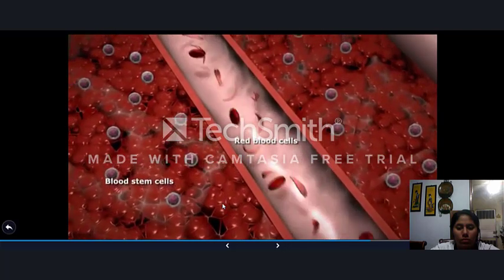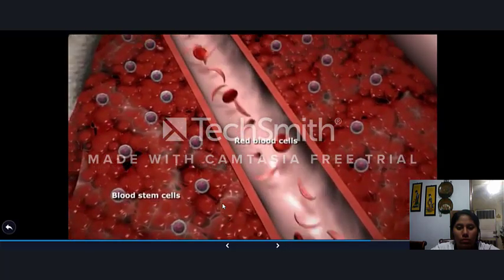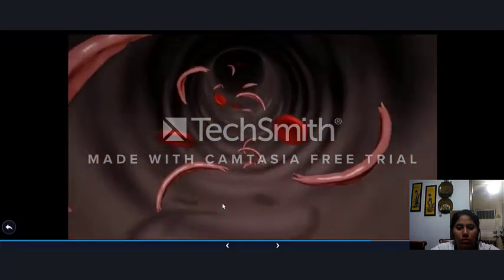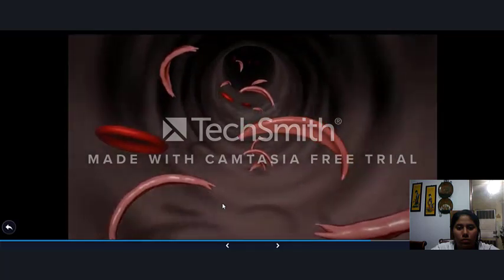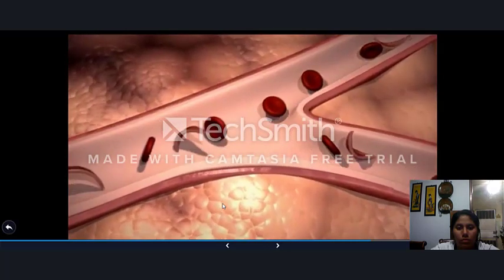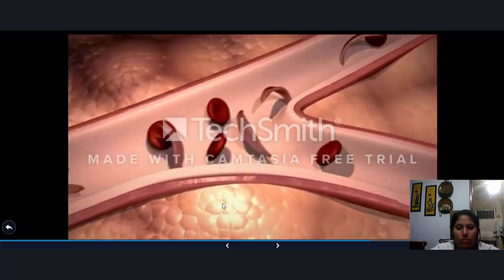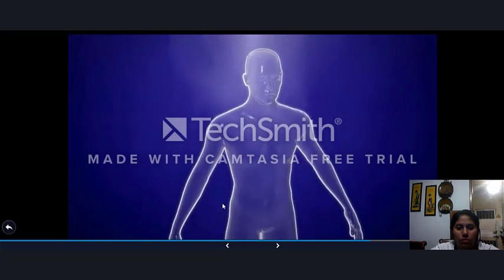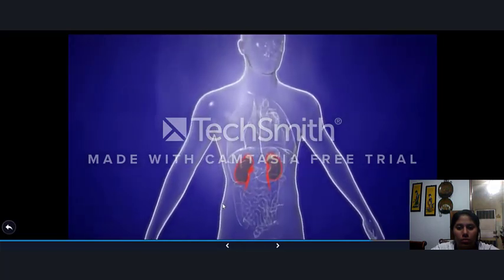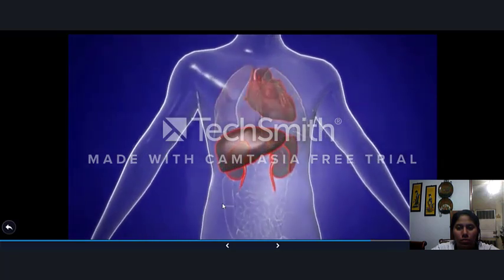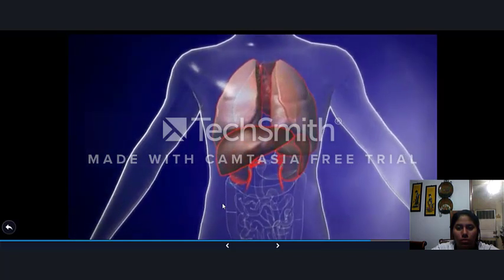Hemoglobin is the protein in red blood cells that delivers oxygen to all cells in the body. The abnormal hemoglobin causes the red blood cells to become rigid and take on a sickle or crescent shape. The sickled red blood cells get stuck in the body's small blood vessels. As a result, cells and organs can't get the oxygen they need, which can lead to organ damage and failure. It can also cause episodes of pain, known as crises.